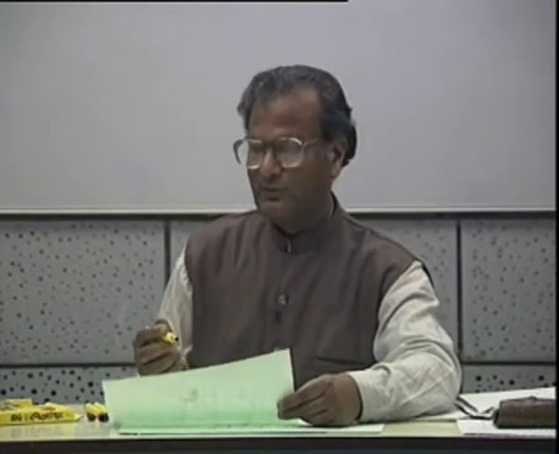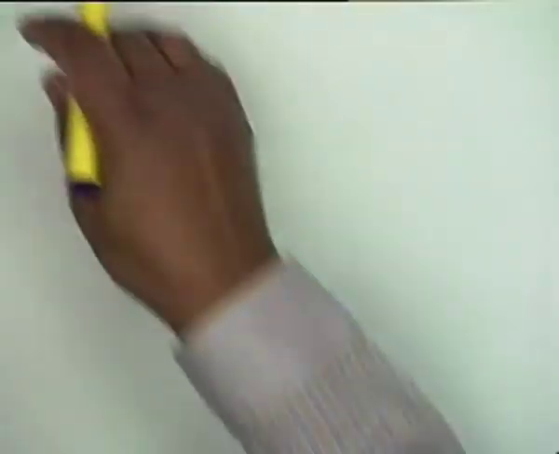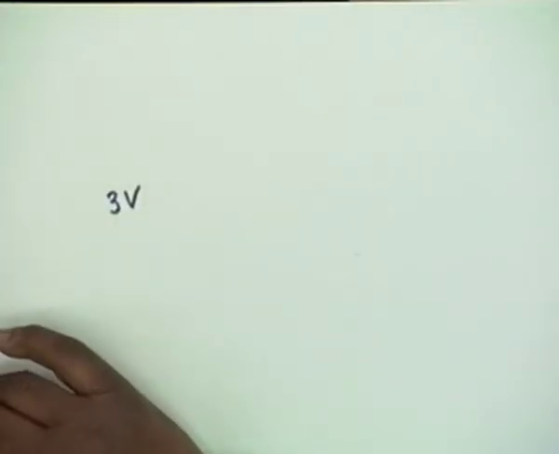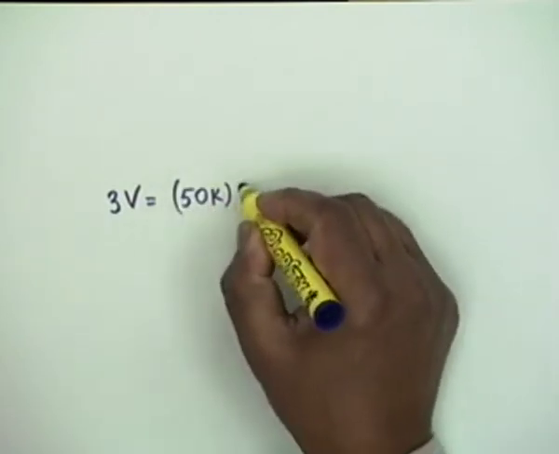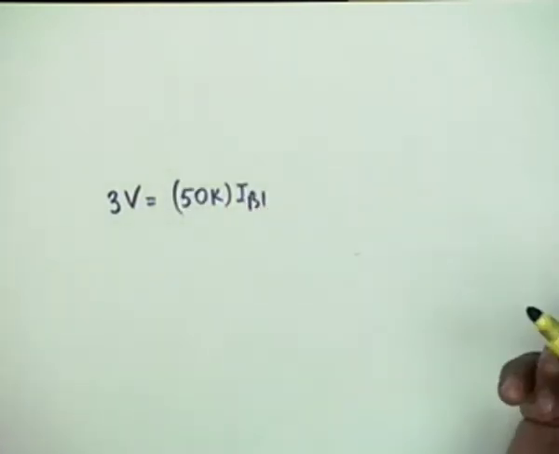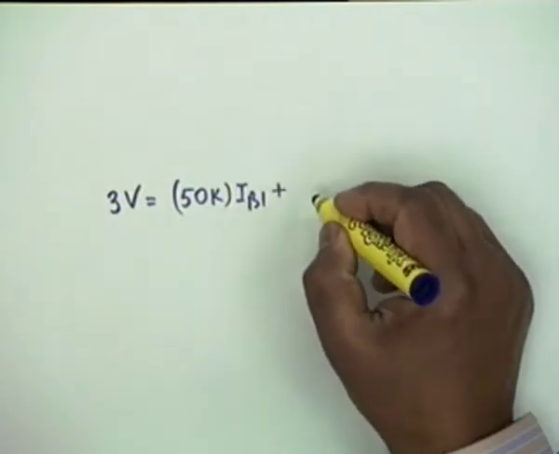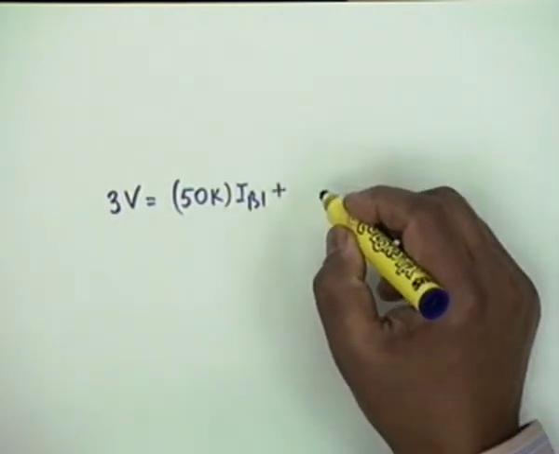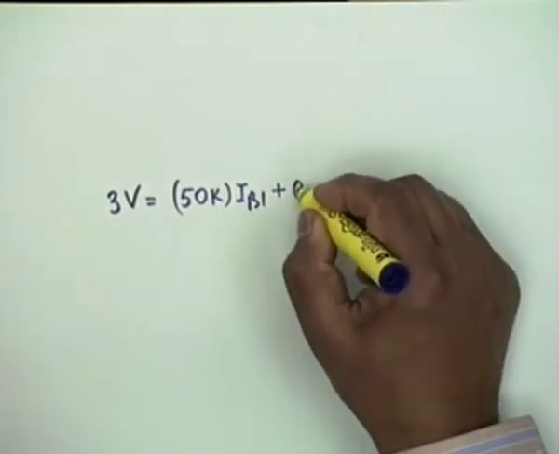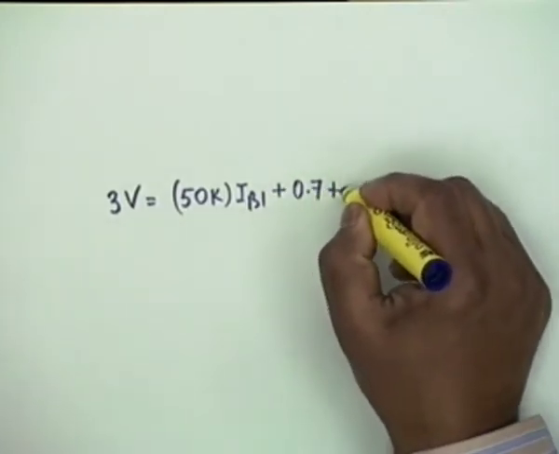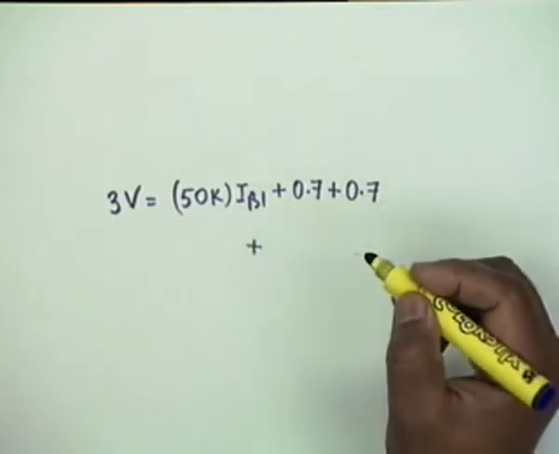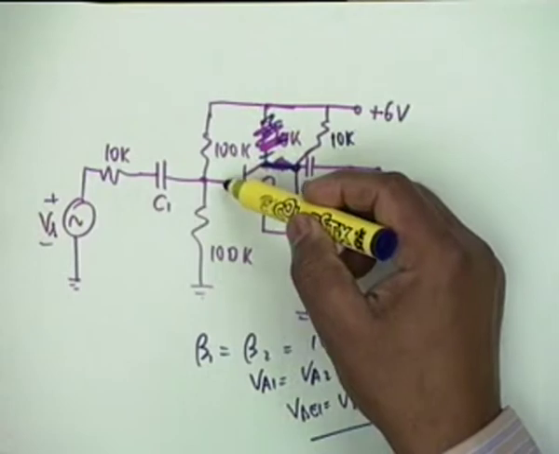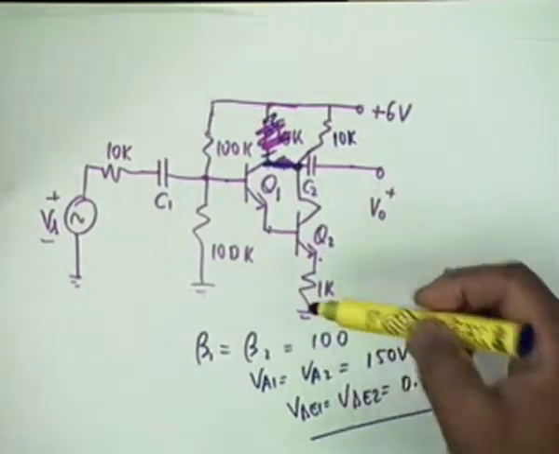You see that 6 volt divides into 200K, so 3 volt is the equivalent voltage that should be equal to 50K multiplied by IB1, plus VBE1 which is 0.7, plus VBE2 which is 0.7, plus the drop in 1K. We are going from here to here, here to here, and then the drop in 1K.